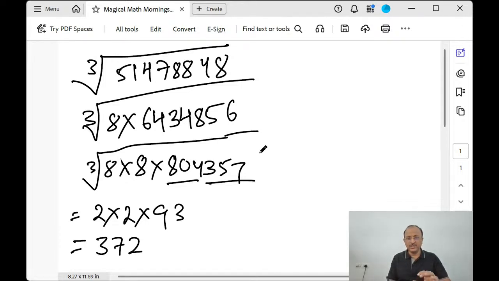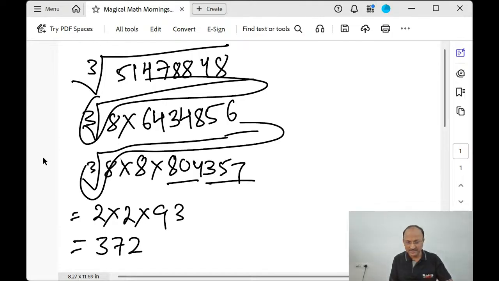Understood? That means instead of finding the factorization of all numbers lengthy, imagine doing the factorization of this big number like in the traditional method. Here just divide by 8 and whatever number you are getting, that's it. You need not write all these symbols in the competitive exams, correct no?